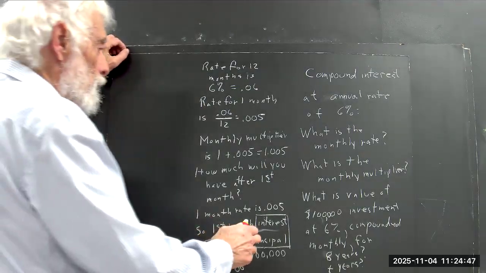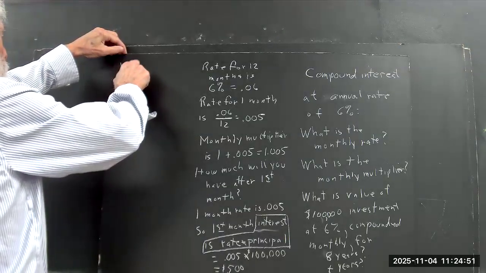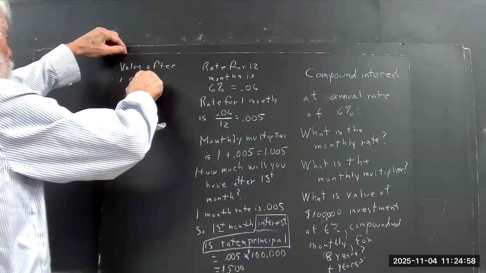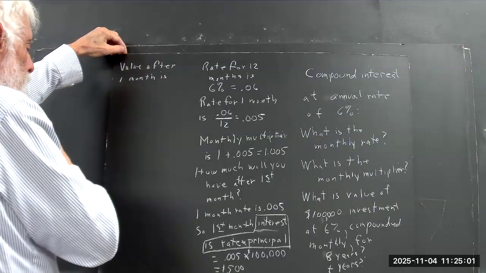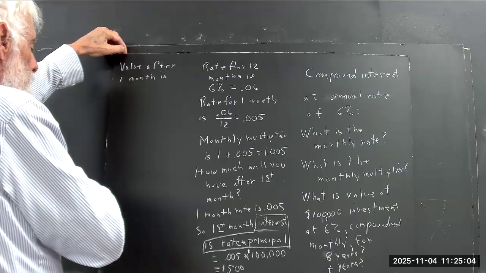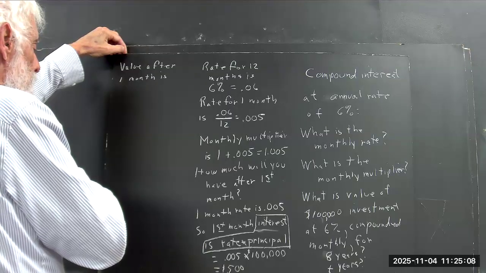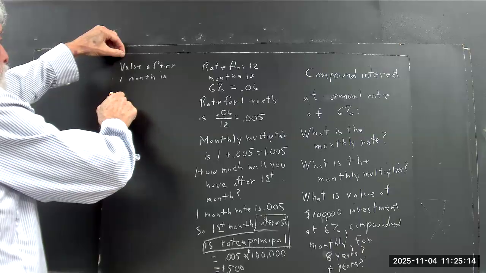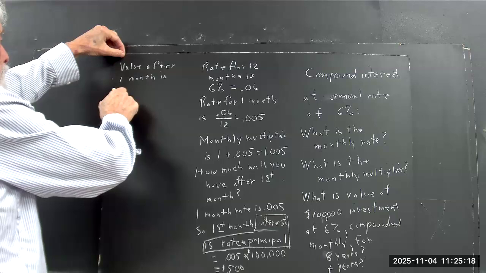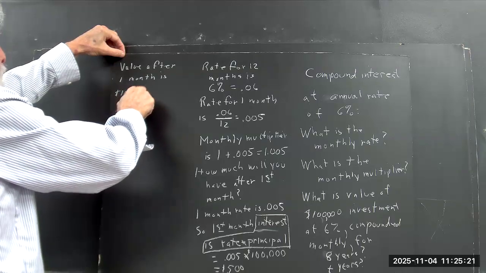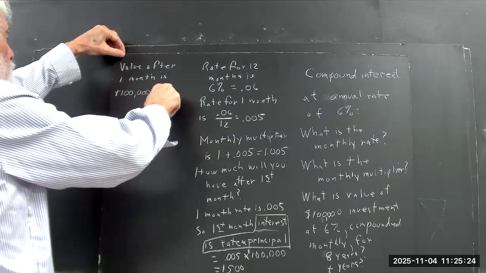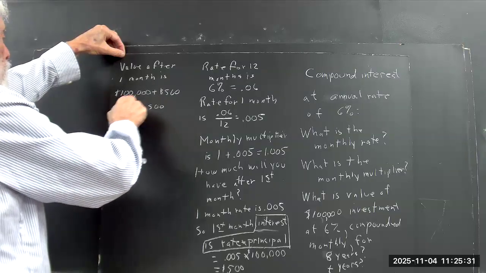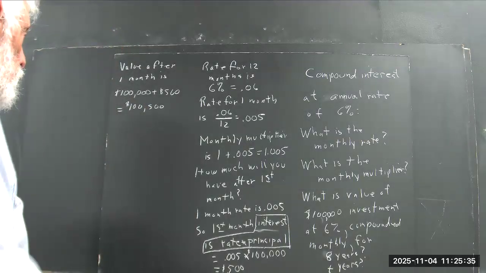So what's the value? The value after 1 month is your $100,000 plus $500, which is $100,500.